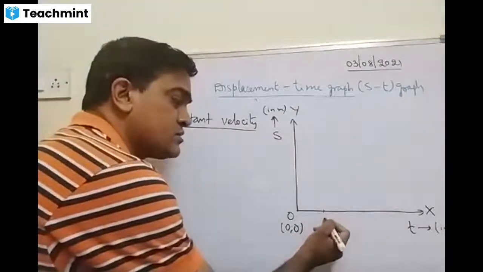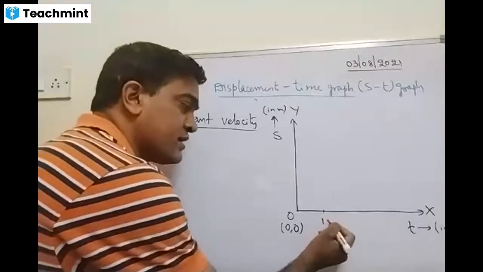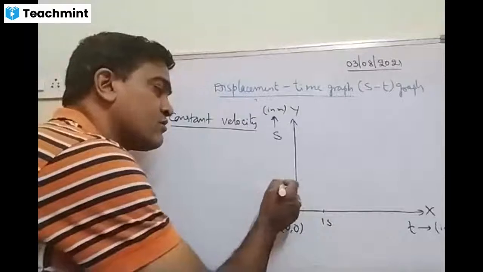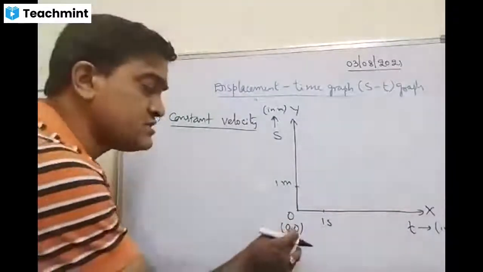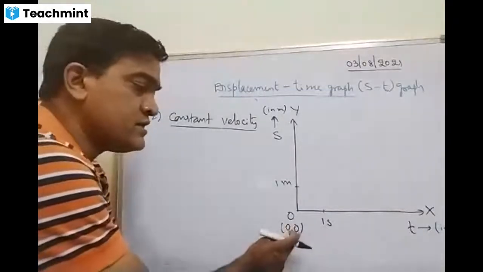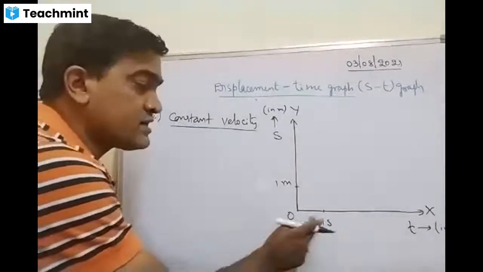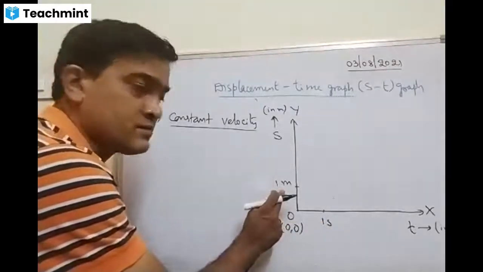At time t equal to 0, what is the position of the particle? The position of the particle is 0. At time t equal to 1 second, the position of the particle is 1 meter.